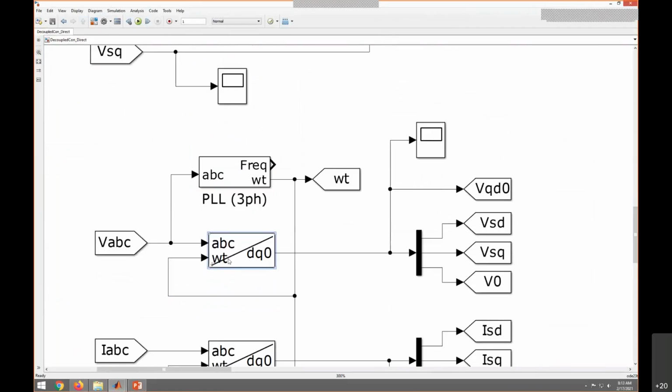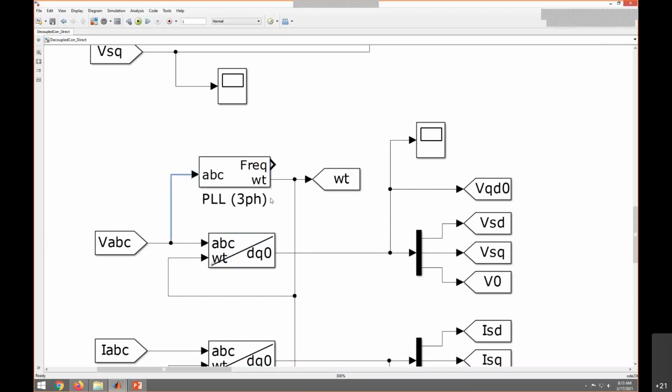For DQ transformation, you require a phase lock loop. This is the three-phase PLL. The input to this PLL is the grid voltage, and it gives you the frequency and omega t.